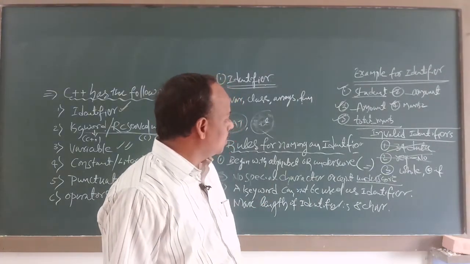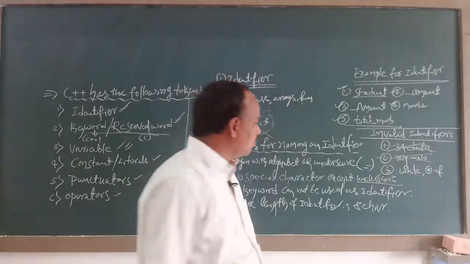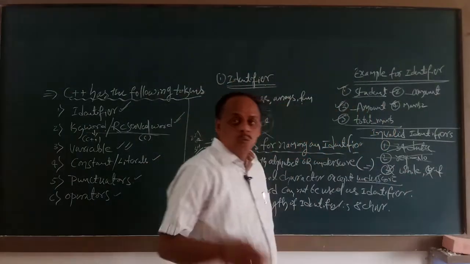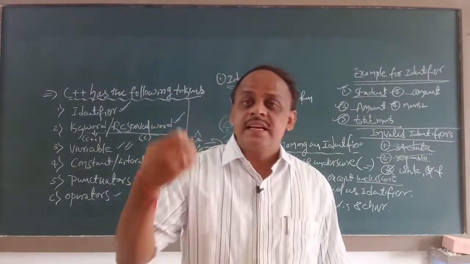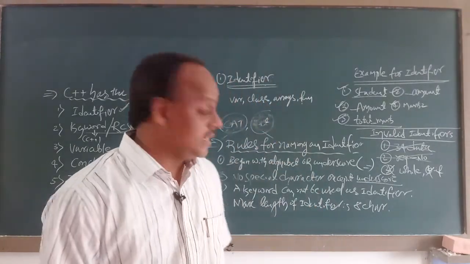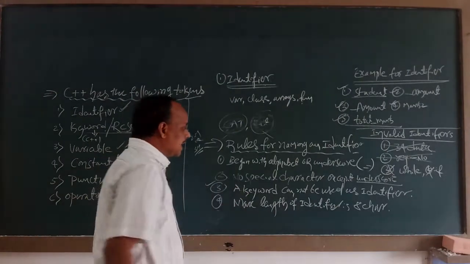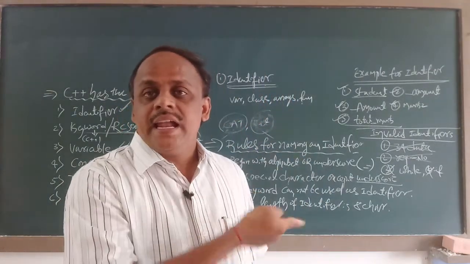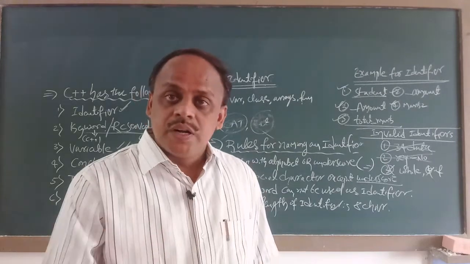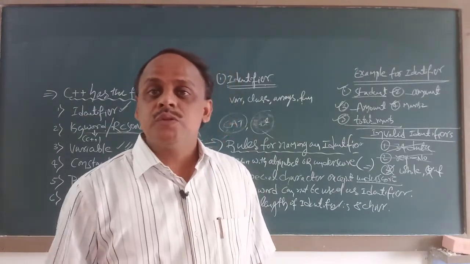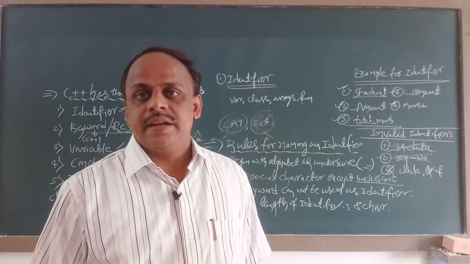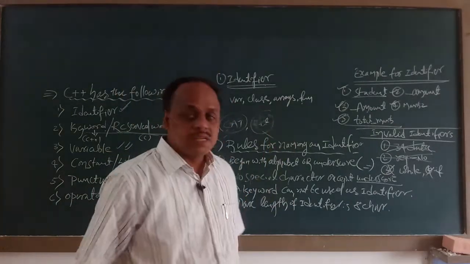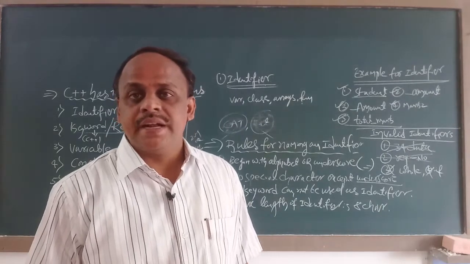And the next ones, while and if, are also invalid because while and if are keywords. There is a rule: a keyword cannot be used as the name of an identifier. So keywords cannot be used as names of identifiers. So these are examples of invalid identifiers.